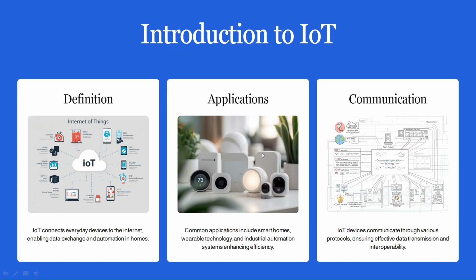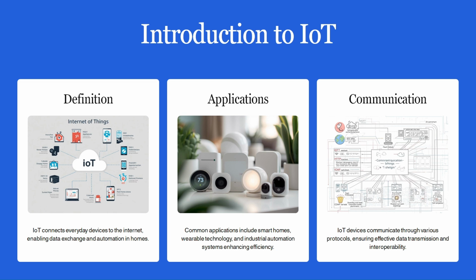The next one is the main thing, the introduction of IoT. First we start with the definition. IoT connects everyday devices to the internet, enabling data exchange and automation in homes.